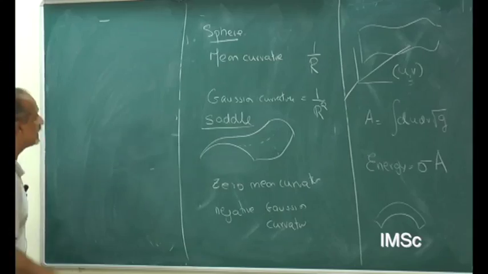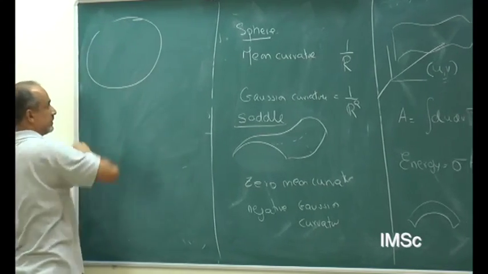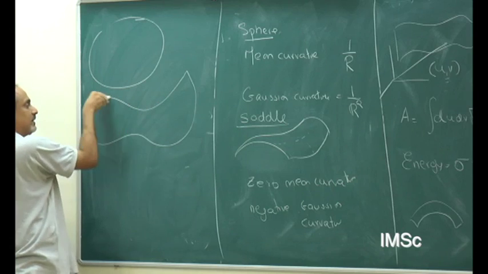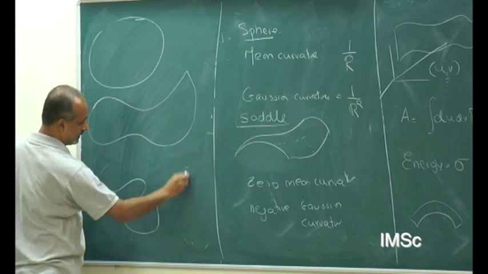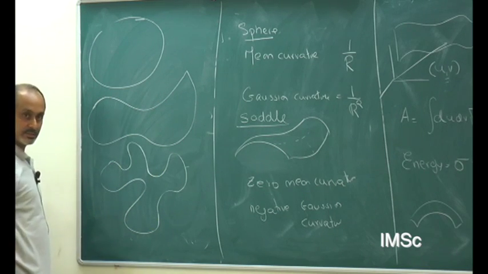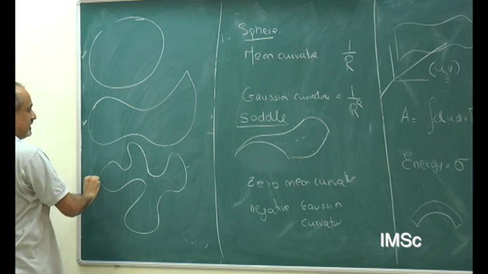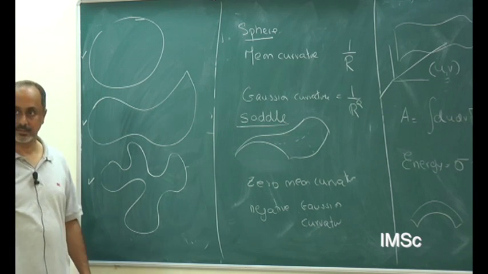First of all, I'm going to calculate it for a sphere, which is sort of closed up. Then I'm going to take the sphere and deform it in a complicated way that makes it look like this. The integral of the Gaussian curvature is the same here and here and here.